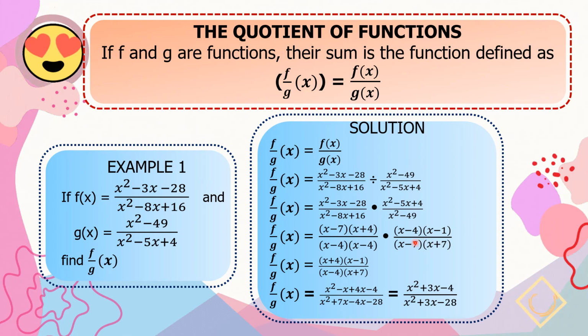So, negative 4 times negative 1 is positive 4, and adding negative 4x and negative 1x is negative 5x. Over, the factor of x squared minus 49, sum and difference, is x times x, then sum plus, difference minus. The factor of 49 is 7 times 7.